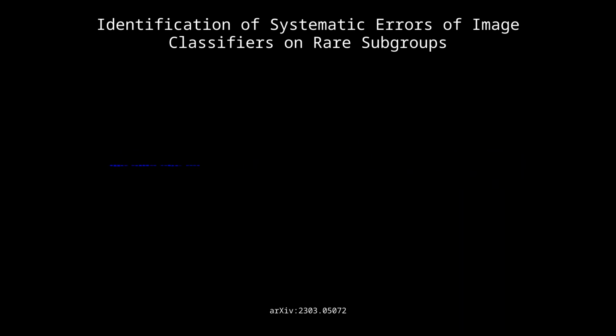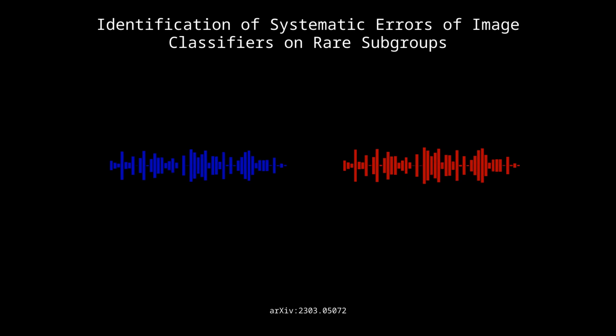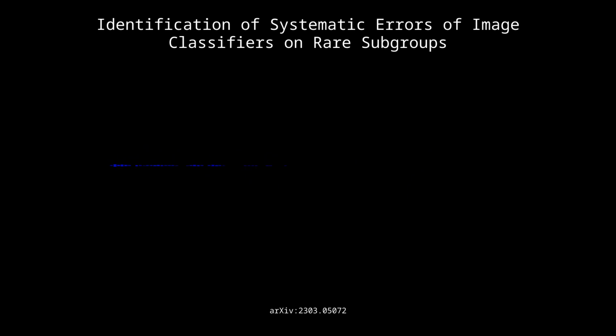And then these prompts get fed into the text-to-image model, which then generates a set of synthetic images representing those very specific rare subgroups. They then use these synthetic images to test the image classifier. So it allows them to see how the classifier performs on those rare cases and hopefully pinpoint the errors, right?